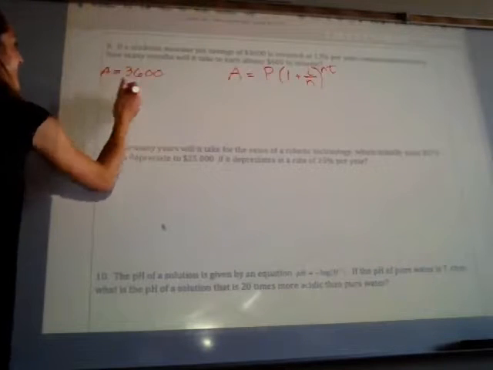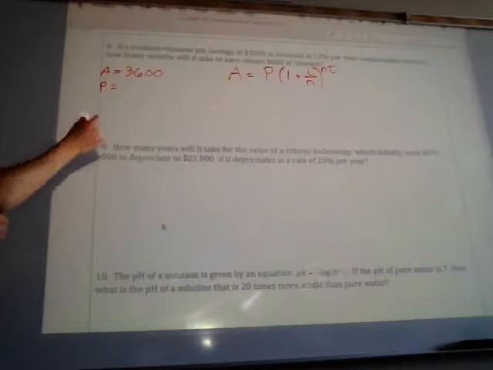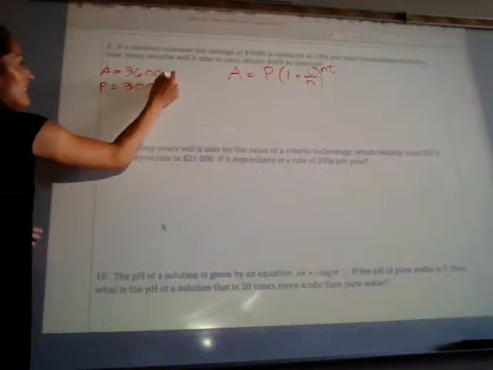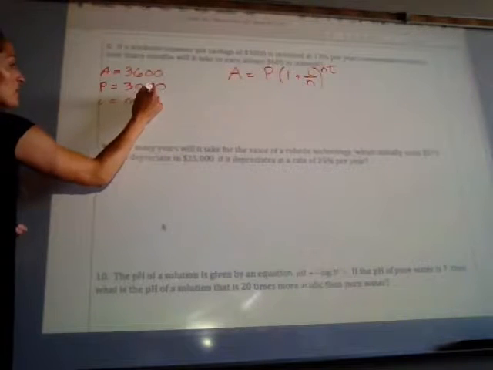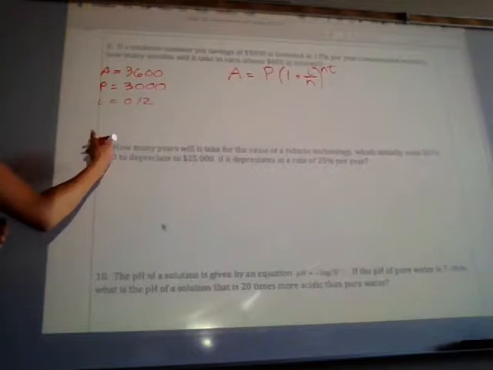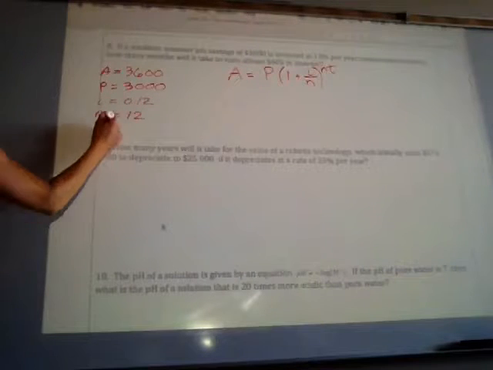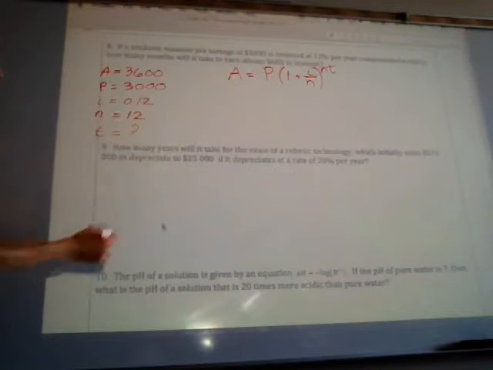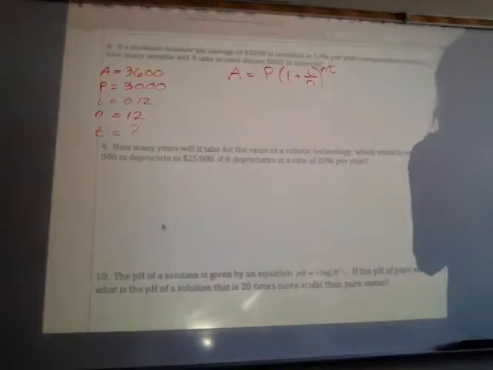What's your principal that you're investing? 3,000. Interest rate will be the decimal, 0.12. Number of compound periods, 12. t is unknown. Are we always going to be looking for t?